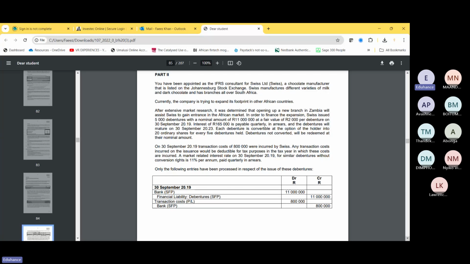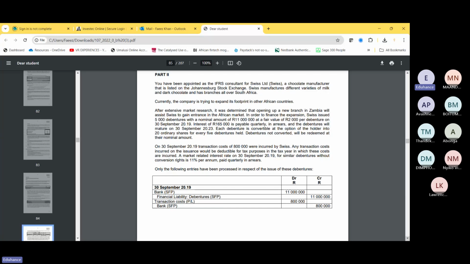So let's say you have been appointed as the IFRS consultant for Swiss Ltd, a chocolate manufacturer that is listed on the Johannesburg Stock Exchange. Swiss manufactures different varieties of milk and dark chocolate and has branches all over South Africa. Currently, the company is trying to expand its footprint in other African countries.